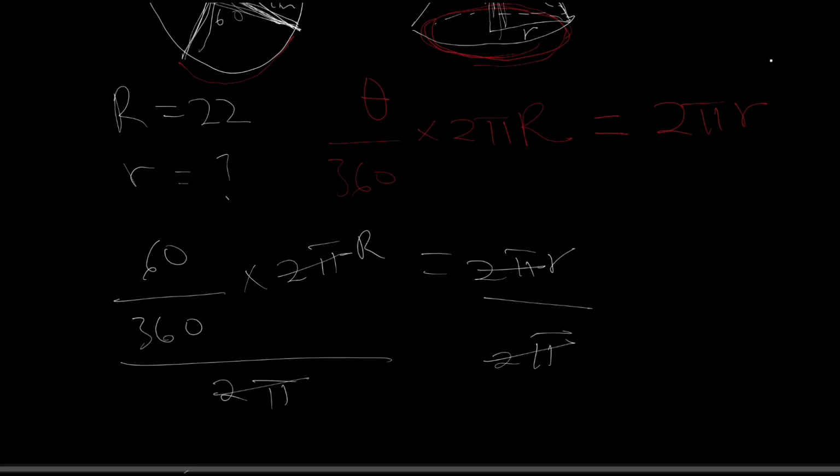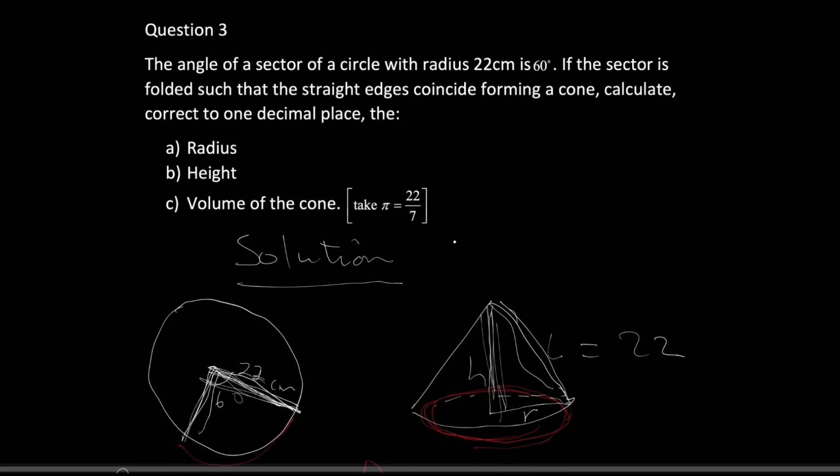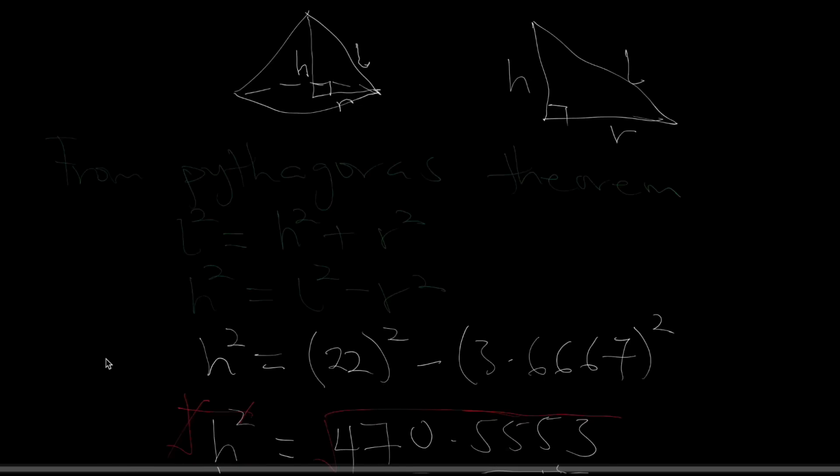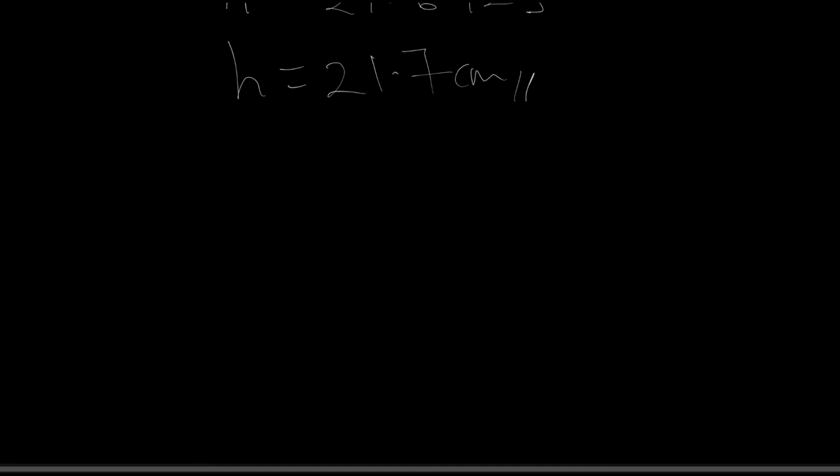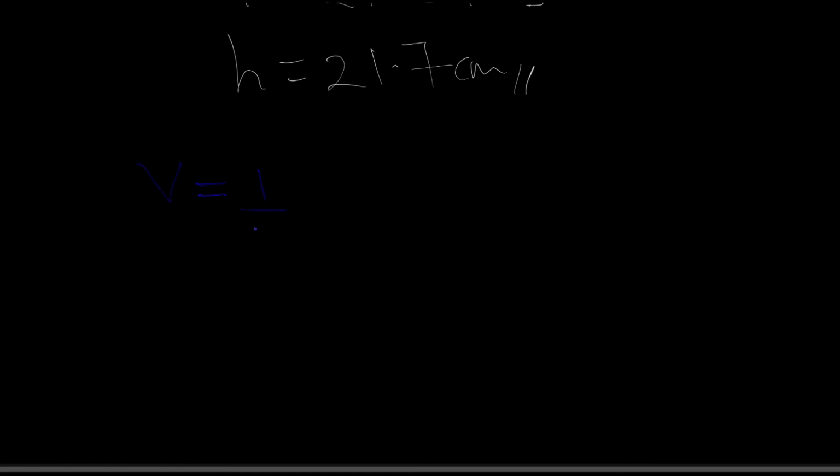Now moving on to the next question. It says, find the volume of the cone. To find the volume of the cone, we know the formula for the volume of a cone: V is equal to 1 over 3 pi r squared h. And we know our r, we know our h.